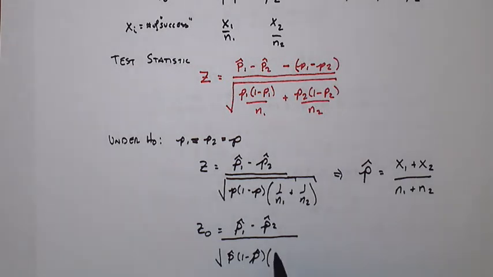And we have 1 over N1 plus 1 over N2 as our test statistic. And then that's going to be interpreted in the same kind of way that we've done for all of our other tests, using the normal curve.